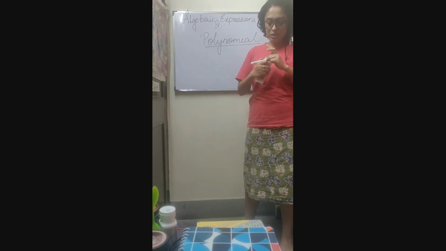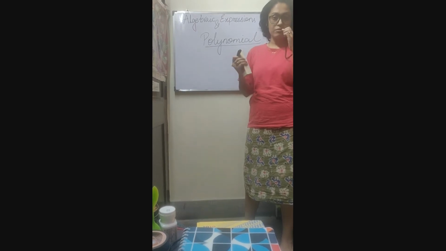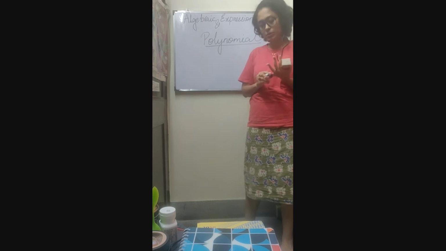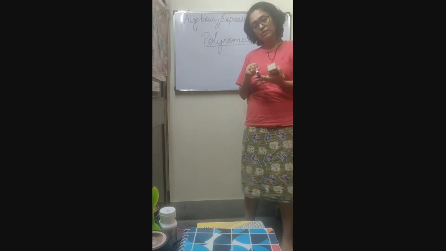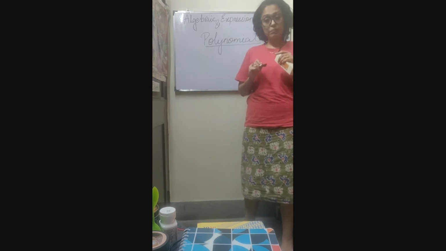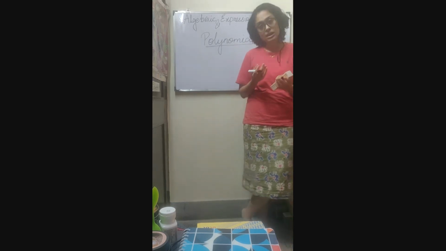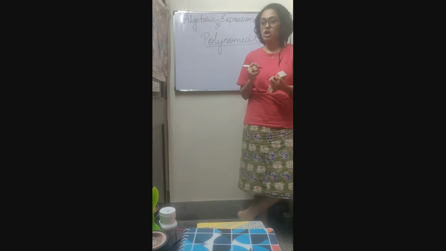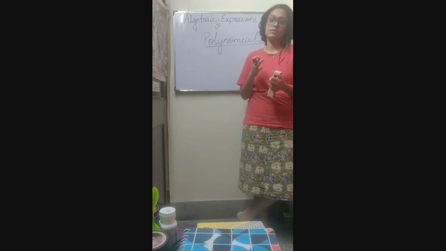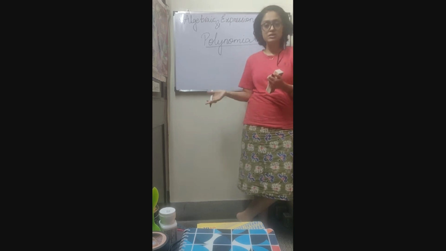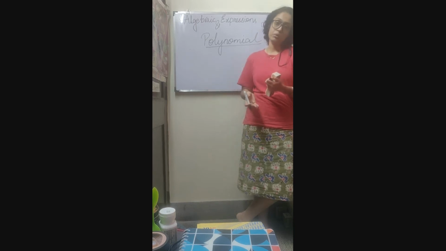Because I wanted to emphasize that a binomial can be called a polynomial, a trinomial can be called a polynomial, a multinomial can also be called a polynomial. You have to keep in mind that whatever the variable is, the variable's power should be a non-negative integer. If the variable's power is a negative integer, it is not a polynomial anymore.